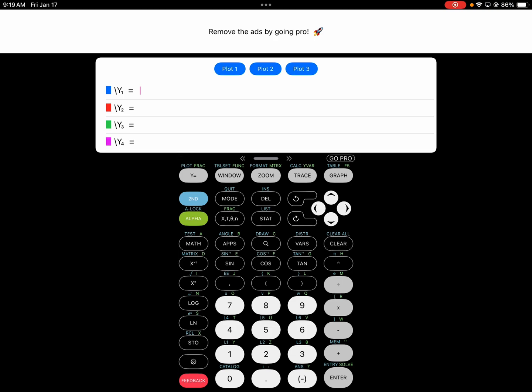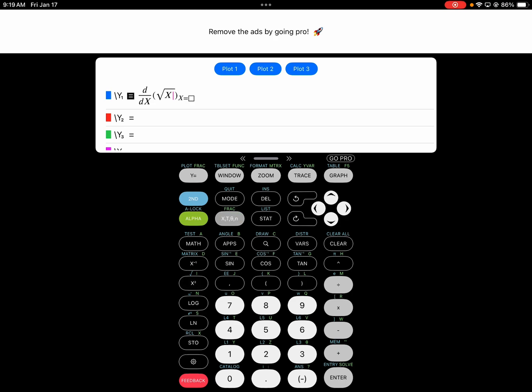I'm going to do math 8 for my derivative, and then I'll put that big function in there: second square root, x squared plus parentheses, x squared plus 3x minus 5, close that parenthesis and square it, and do that for all x.